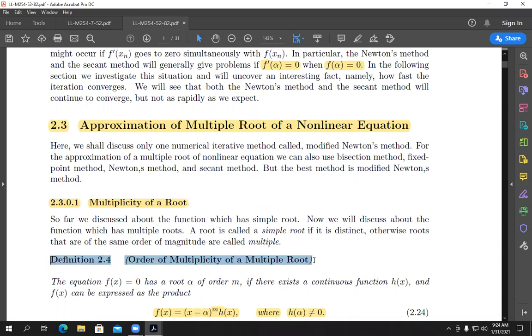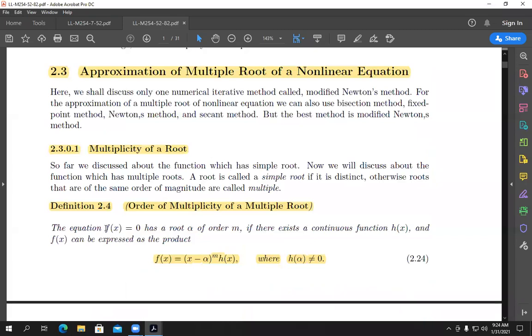To check how many times your multiple root is repeating, we have to use this formula. We say this is a nonlinear equation and it has a root alpha, which is a multiple root, of course, and its order is m. Order m means it's repeating m times.